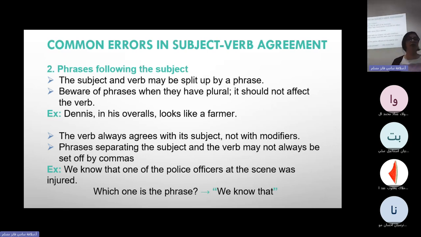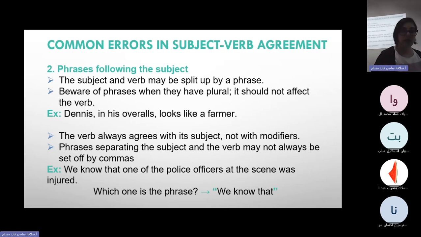Okay? So this is very important when you edit something. When you edit a sentence, you need to know which is the original sentence, the main sentence, and which are the additions to this original sentence. Then you will know where to put the exact punctuation if needed.